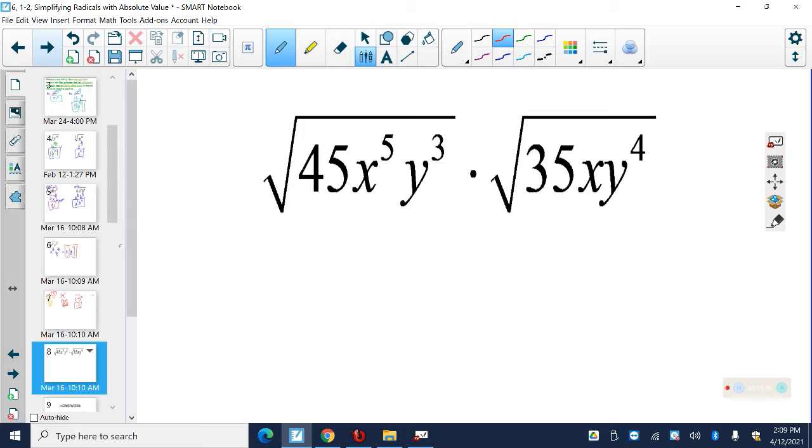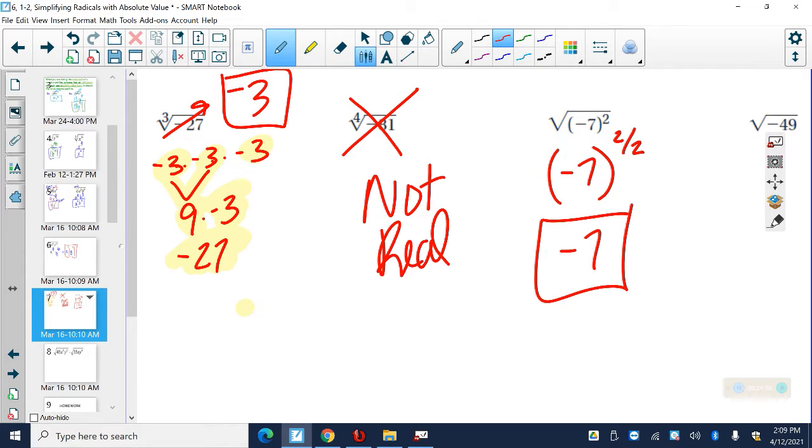Now, I have two radicals together. We're going to marry them. Oh, I didn't see it over here. You are right.